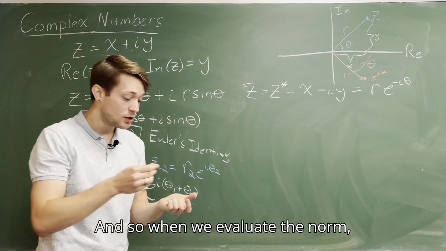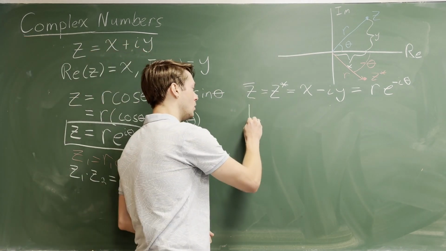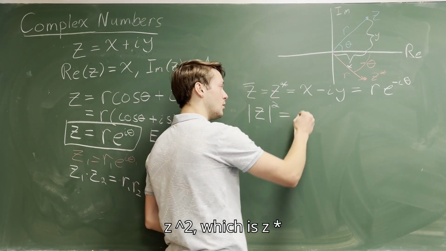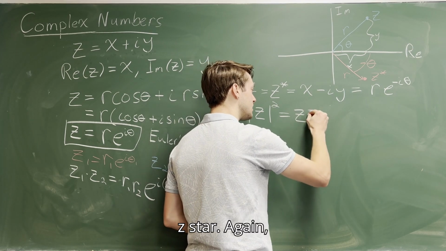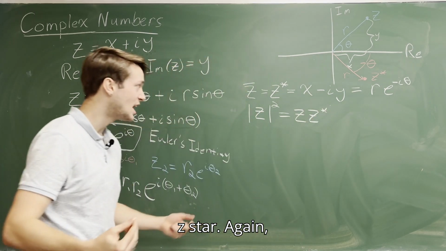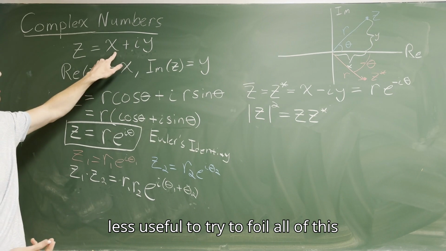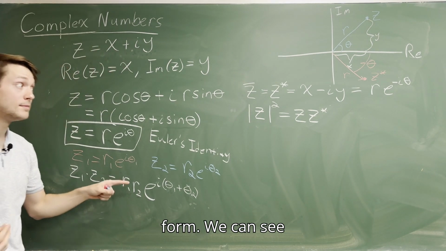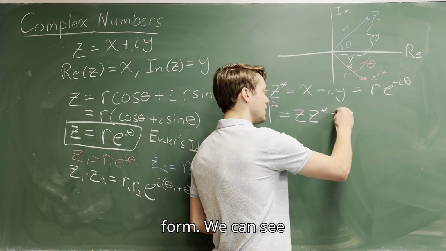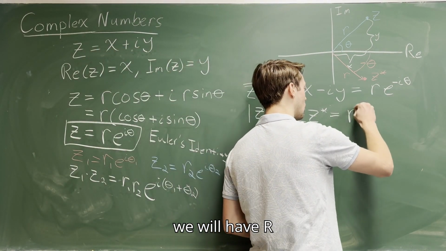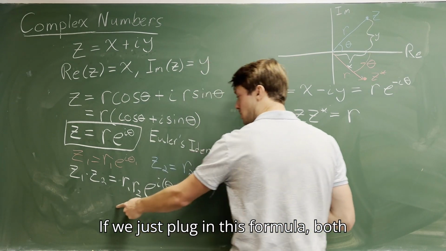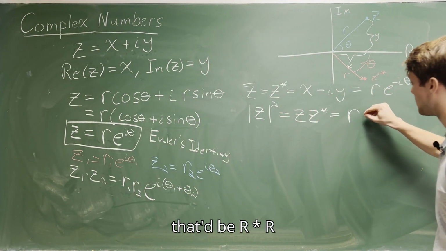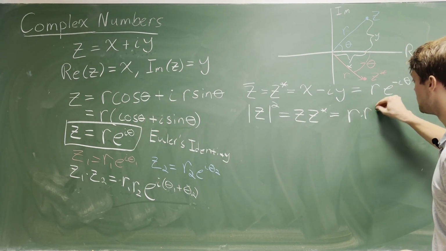And so when we evaluate the norm, which is the absolute value of z squared, which is z times z star, again, less useful to try to FOIL all of this out, and more useful to use this form. We can see we will have r. If we just plug in this formula, both of them have the same value of r, so that'd be r times r.